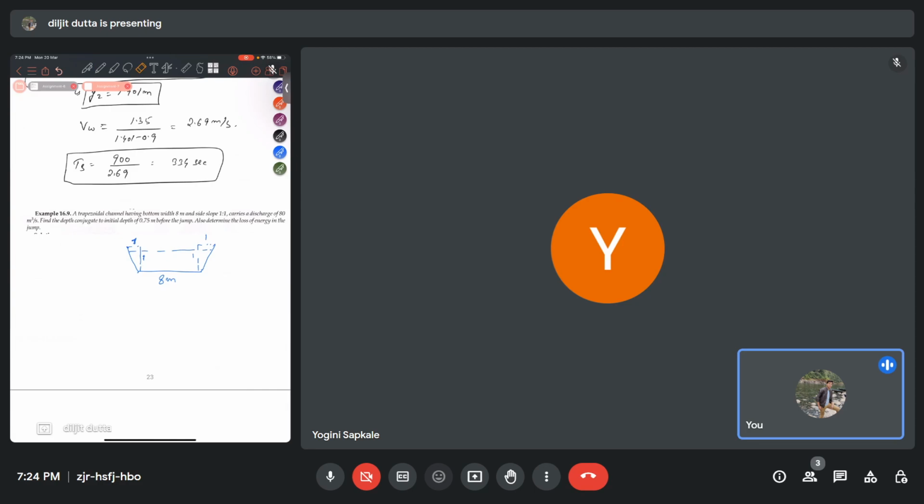Whatever the depth of the flow, these two values will be identical. Let's see. The initial depth is given as 0.75 meter, so this will also be 0.75, and this will also be 0.75.